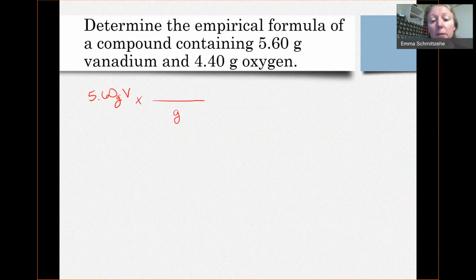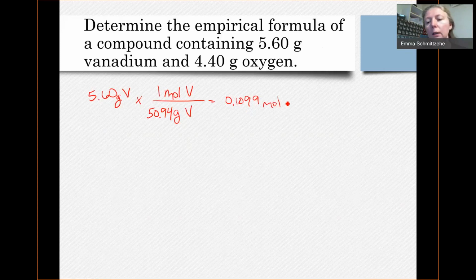Grams of vanadium opposite, so on the bottom, so it'll cancel with that grams of vanadium that's on top. And I'm going to convert it to moles of vanadium. So to relate grams and moles, I look at the periodic table, and vanadium is 50.94 grams per 1 mole. And then, let's see, 5.6 divided by 50.94 is 0.1099, and I always keep an extra sig fig as I'm doing calculations.